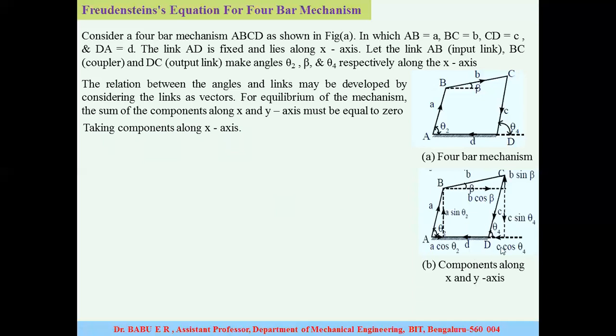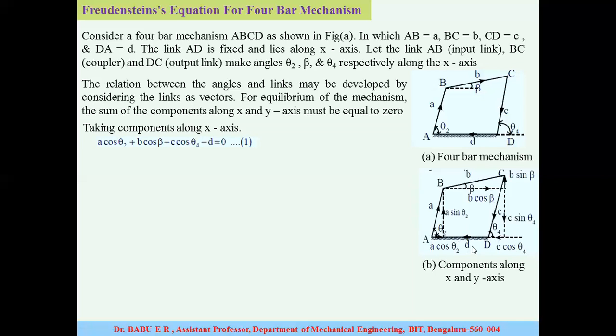We see these components: a cos theta 2, b cos beta, c cos theta 4. a cos theta 2 is along the direction of x, so it is positive. b cos beta is also along the direction of x, so it is positive. c cos theta 4 is in the opposite direction, so we take it as negative.